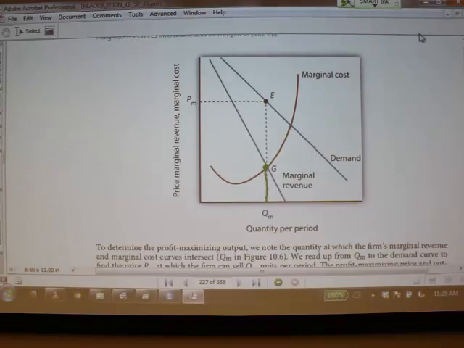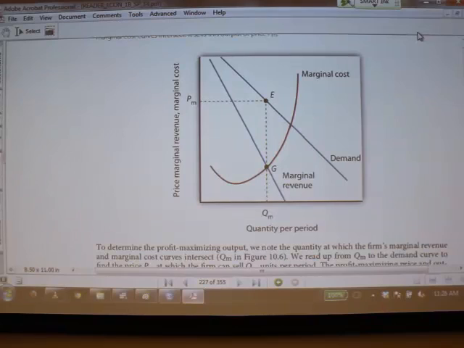So, okay, we're going to produce QM. Now we ask ourselves, how much can we charge for this? Not $100 billion, but whatever consumers are willing to pay. So we go up from QM until we hit the demand curve. That happens at point E, and then go over, and then we say, okay, we can charge PM. So that's the illustration of those 3 steps.